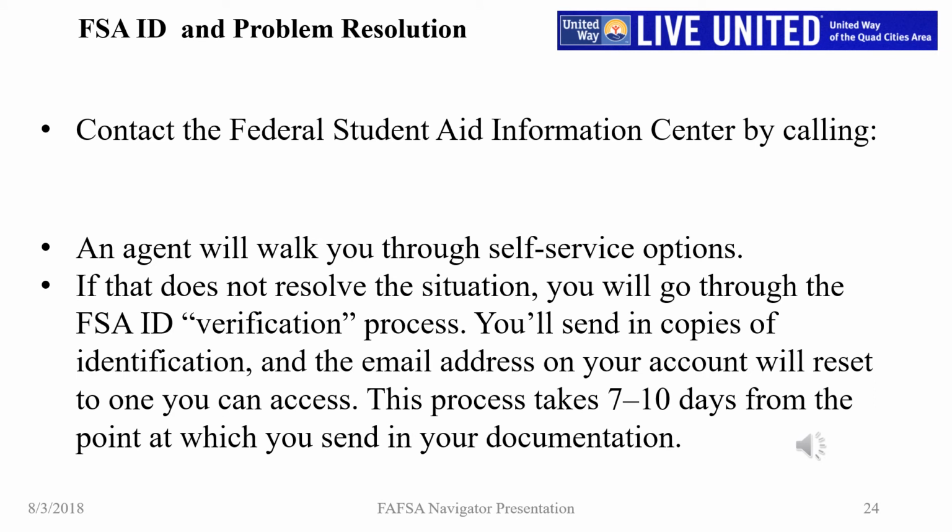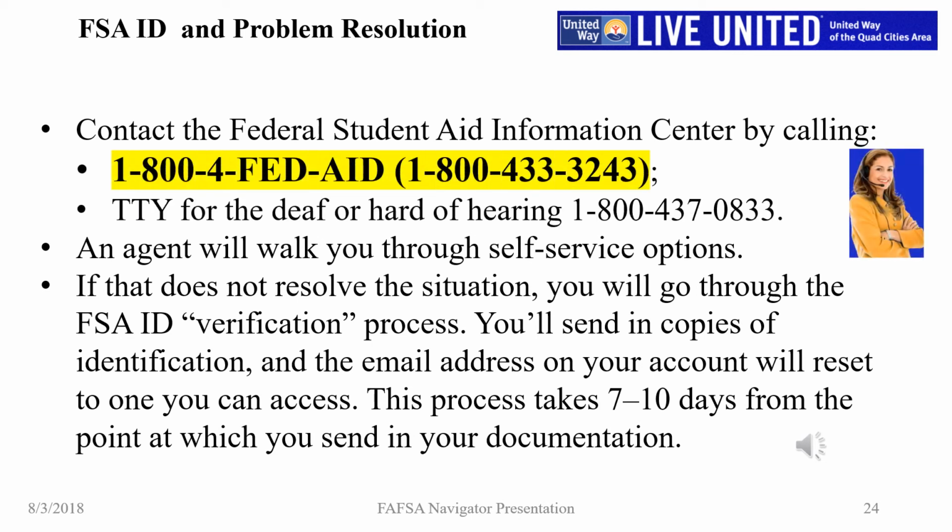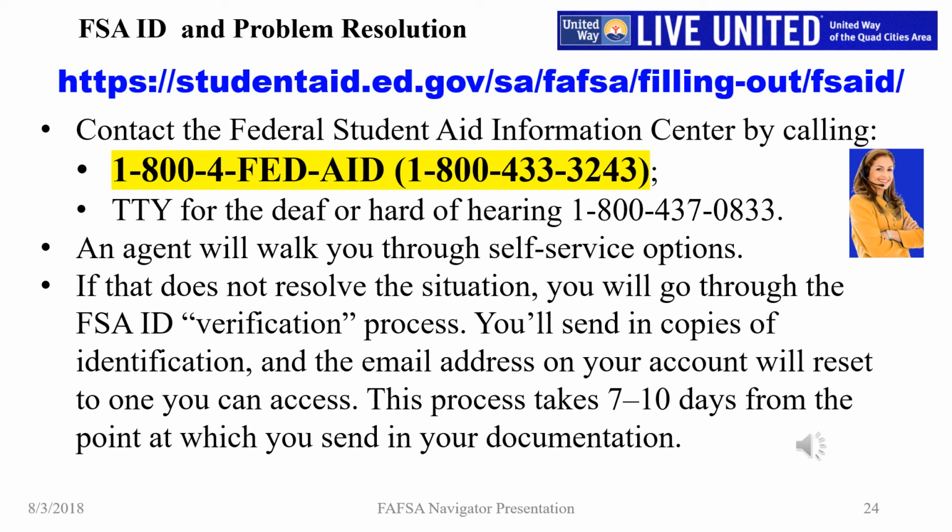Throughout the problem resolution sections, we get the advice when things get really bad to call the Federal Student Aid Information Center at the numbers shown. There is also follow-on advice if they cannot resolve the problem on the phone. Please visit the Federal Student Aid section on the FSA ID as shown on the screen.